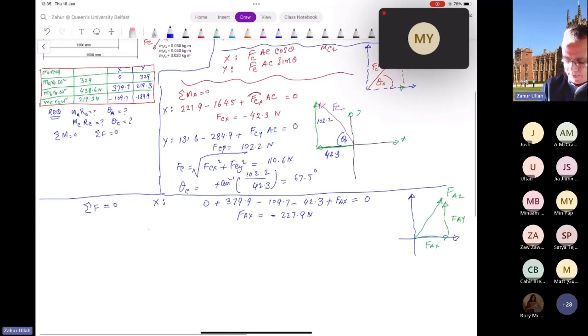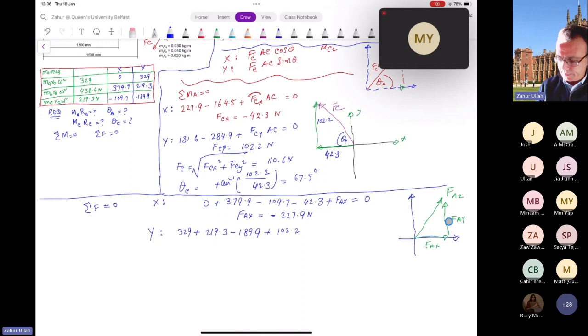Okay, so now you can take similar forces in the Y direction. These are the Y direction forces. So 329 plus 219.3 minus 189.9. And then this force, which is plus 102.2.